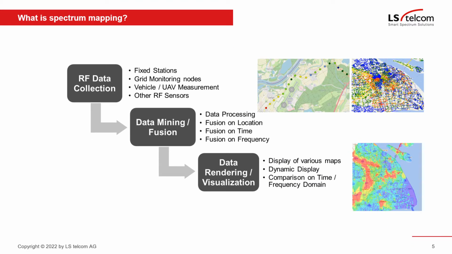So what is spectrum mapping? If you look at the picture I'm currently pointing at, this is an analysis of a drive test from spectrum monitoring. A typical view where you can see the field strength along a route as dots or a line. So you can compare for a service the different field strengths captured at different locations to evaluate if the service has coverage at a certain location or if there are white spaces.